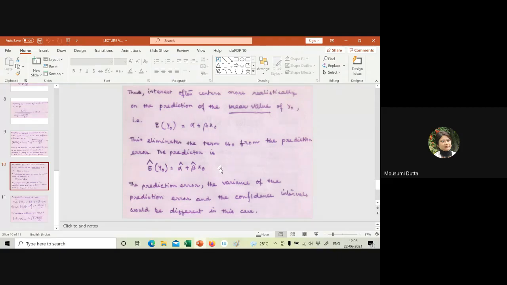So whatever be the value, you may consider y naught or the expected value of y naught, the value will be similar. Both y naught hat and the hat of expectation of y naught will be similar. So you got the value minus 1, as far as I can remember? Yes, ma'am.